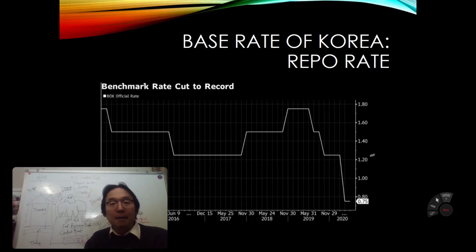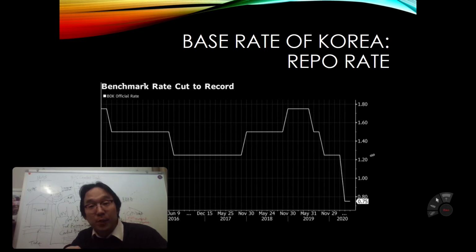Especially these days, with coronavirus, we are sharing everything. So, stimulating the economy, following the U.S. case, the central bank of Korea just lowered their interest rate to 0.75 percentage point.